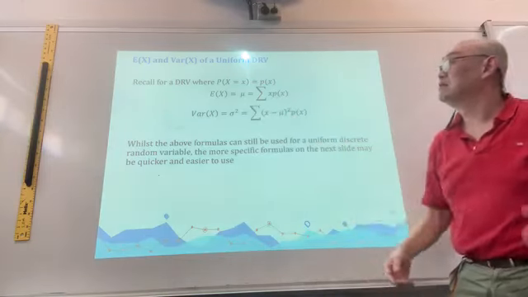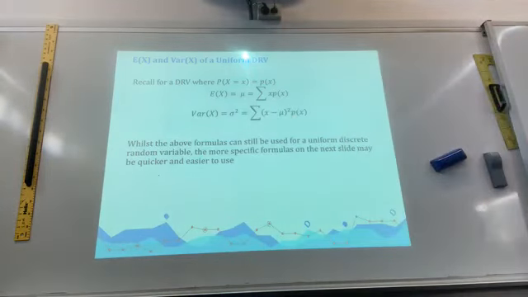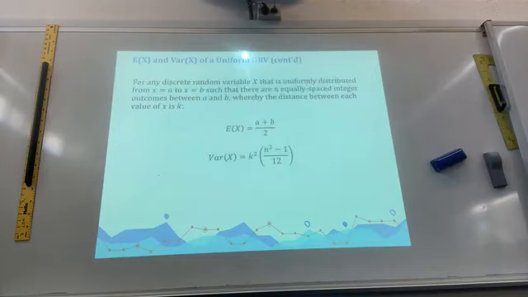X minus mu, you can work out the expected value. Now, the more specific formula on the next slide is quicker and easier to use. The expected value for x in a uniform situation is the first number plus the second number divided by 2, because this time the weight is the same.